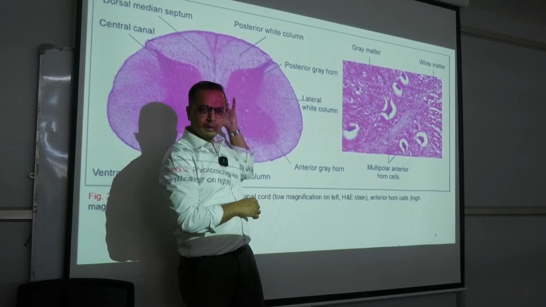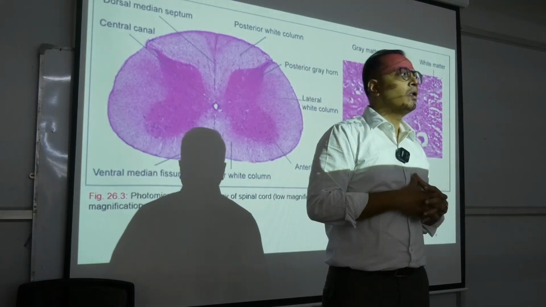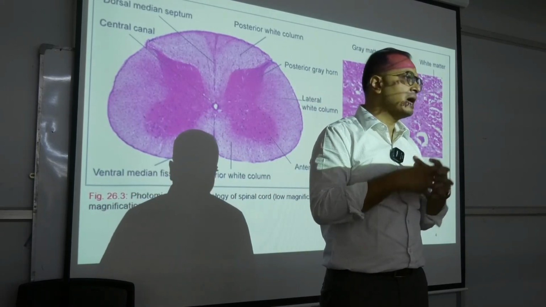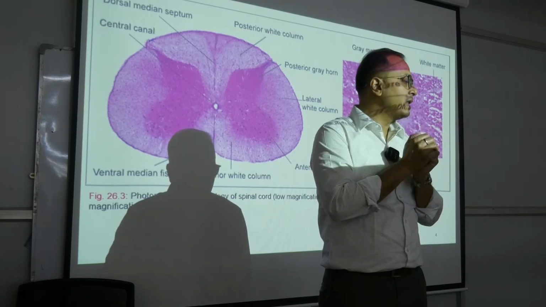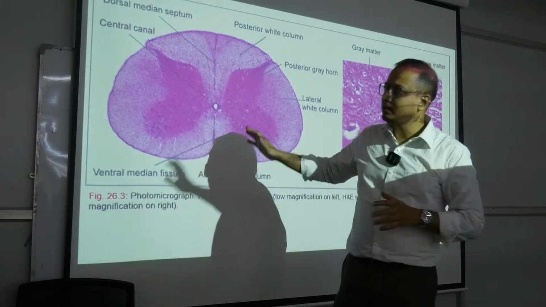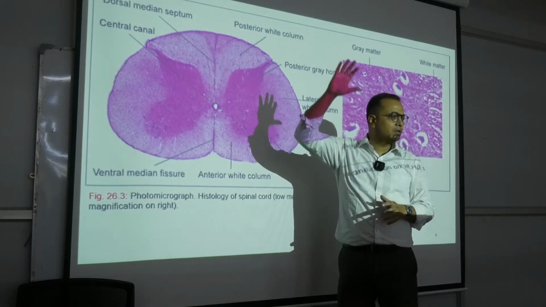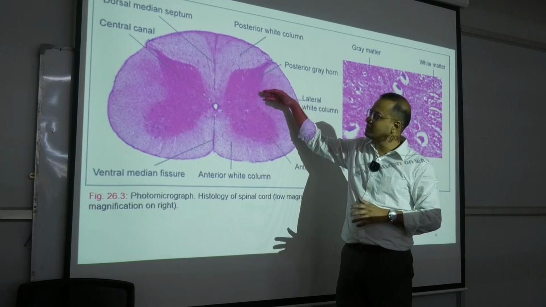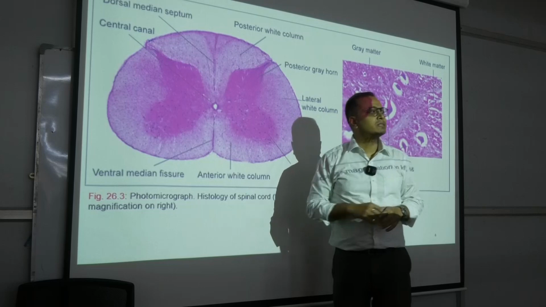Now this gray matter in the spinal cord has a particular pattern, we call it an H-shaped structure. It has two limbs, anterior horn and posterior horn, and it has a central canal in between. The anterior horn and posterior horn are universally present throughout the length of the spinal cord. In some segments of the spinal cord, we may have an additional horn, which we call the lateral horn.